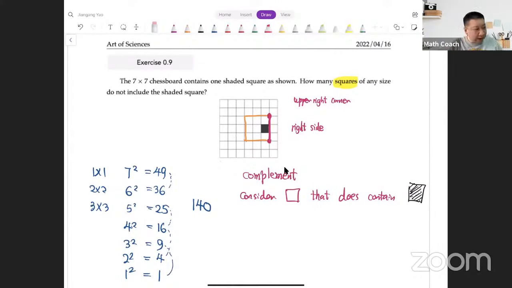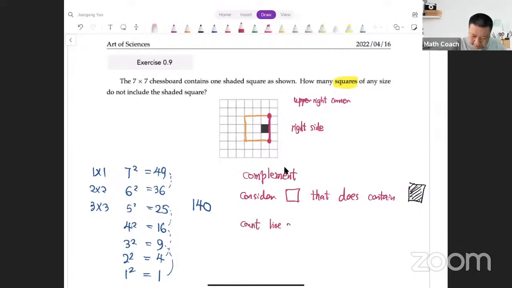You just count line segments. How many line segments are there? And yes, on YouTube, I see some close answers, but not correct answers yet. So now the question changed into counting line segments, right?